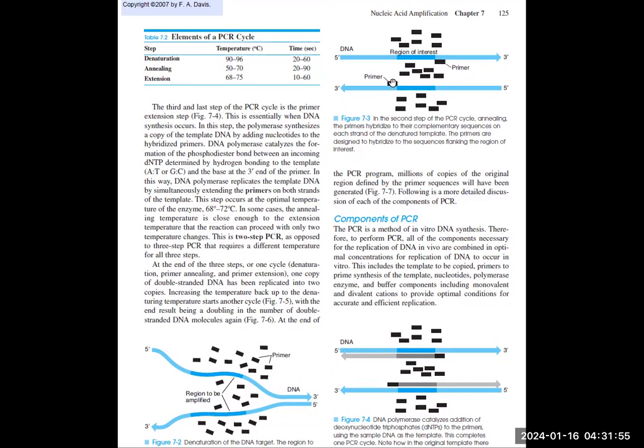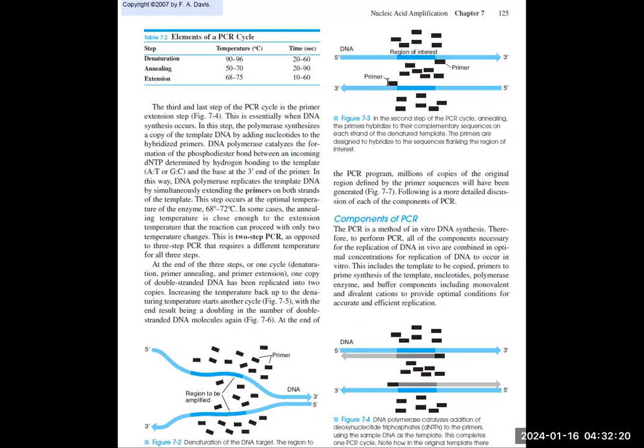So our primers will bind or hybridize. So the primers hybridize to their complementary sequences on each strand of the denatured template, and the primers are designed to hybridize to the sequences flanking the region of interest. So what do you mean by flanking the region of interest? Meaning at the sides, left and right of our target sequence.